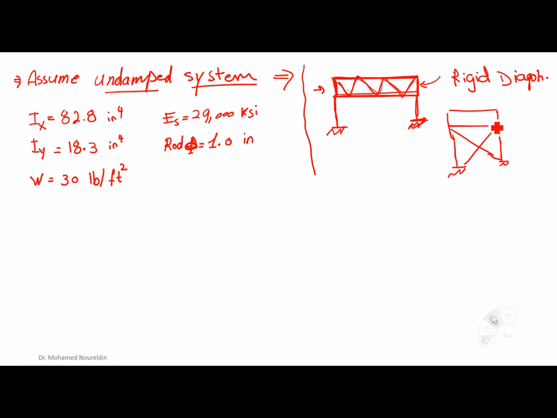So this means that the roof is rigid, so all the mass is going to be concentrated here, and it is going to be rigidly transferred to the main lateral force resisting system, whether it is a moment frame or braced frame. So this is the meaning of rigid diaphragm.